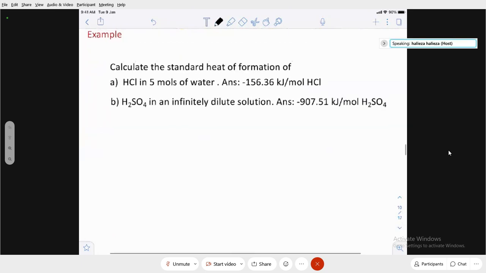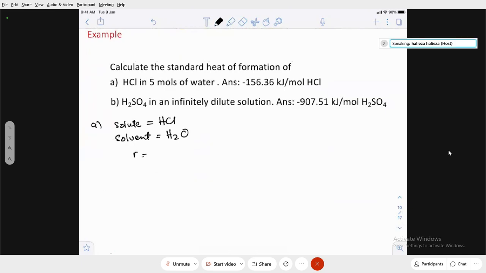Calculate the heat of formation of hydrogen chloride in 5 moles of water for part A. Your solute is hydrogen chloride. Your solvent is water. Your R in this is 1 mole of hydrogen chloride in 5 moles of water. It's not listed as 1 mole, but it's understood as 1 mole of hydrogen chloride in 5 moles of water.